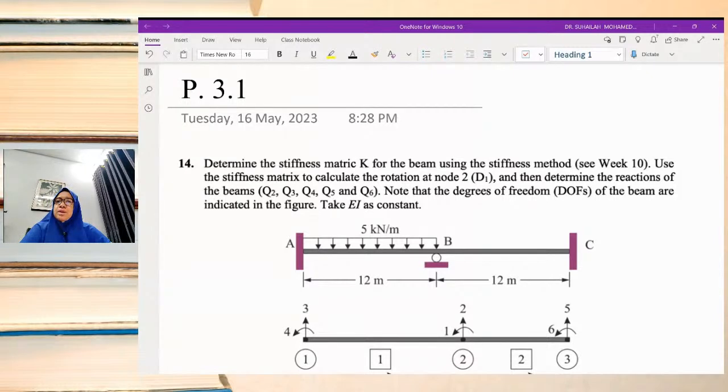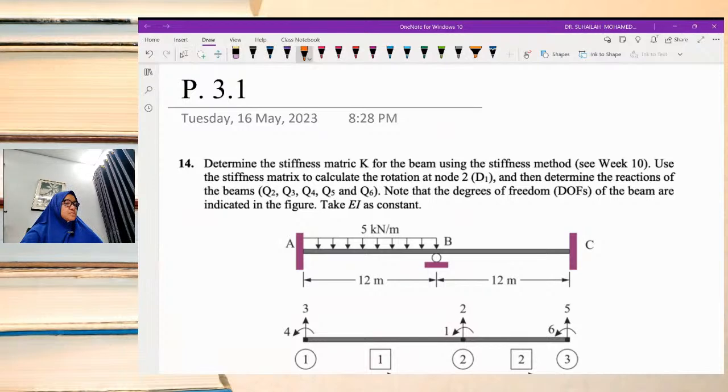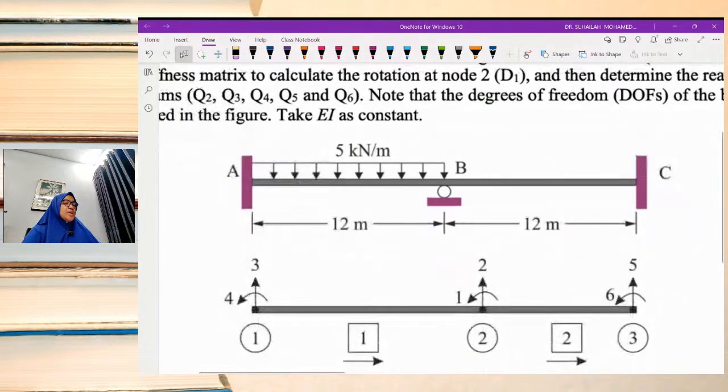Okay, we can see that there are two fixed supports at A and C and one roller support at B. So conventionally, if we look at this beam, we have 3, 1, and 3, 7 unknown reactions. 3 at fixed A, 3 at fixed C, and another 1 at B. So conventionally we have 7, but we do not have to count the X component.